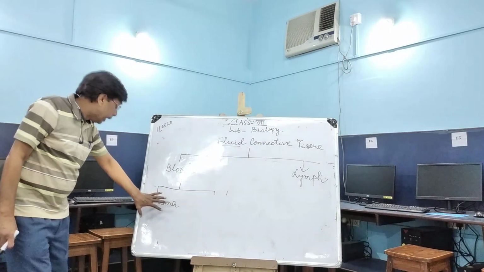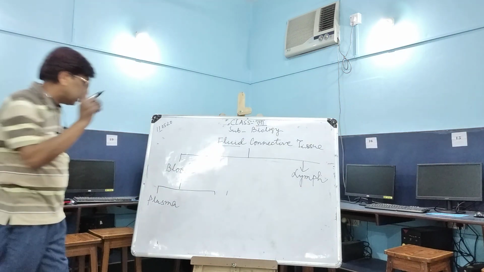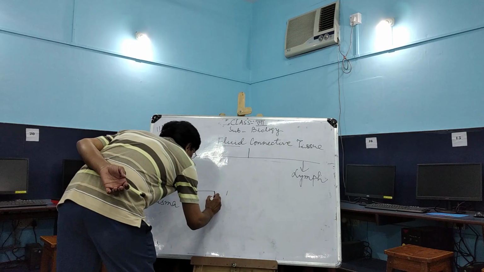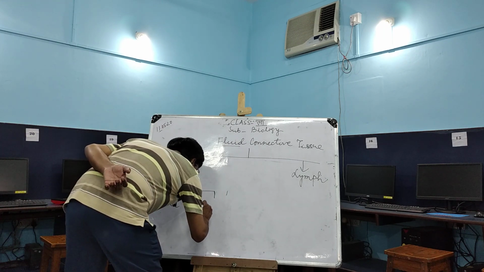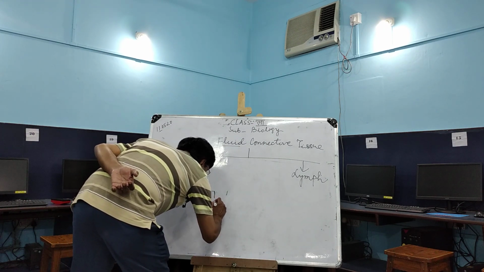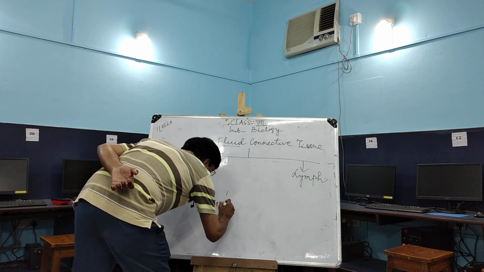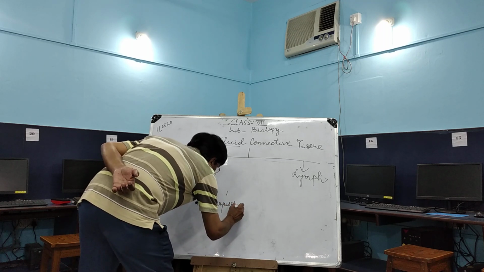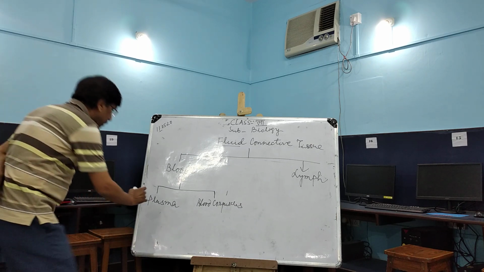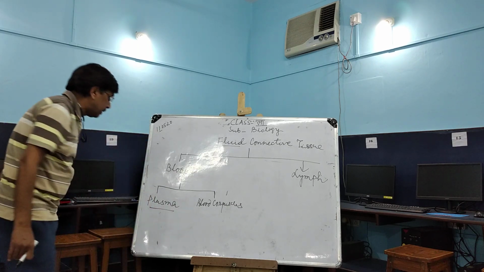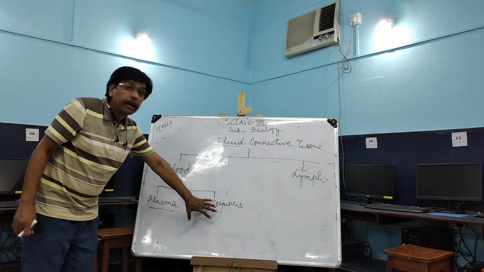And in the plasma, you will find three types of cells. So blood is made of plasma and blood cells, or you can say blood corpuscles.